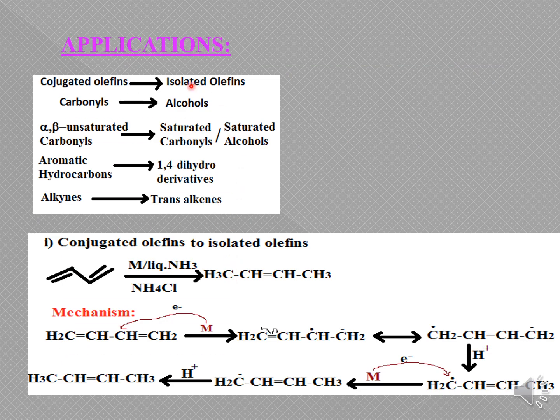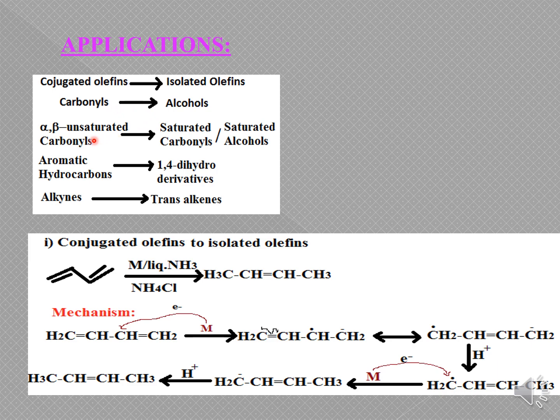In the applications, conjugated olefins are converted into isolated olefins. Carbonyls are converted into their respective alcohols: aldehydes go to primary alcohols and ketones to secondary alcohols.